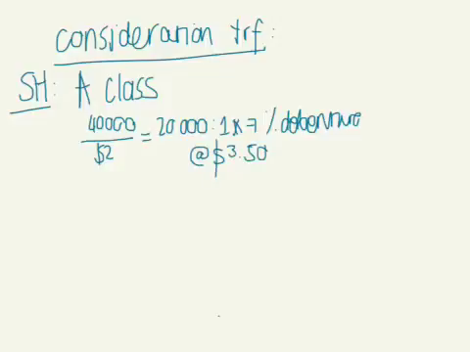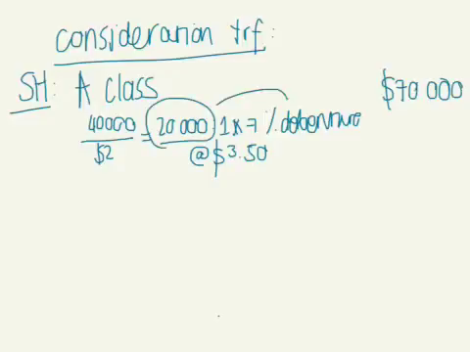So for the A-class shareholders, they receive compensation to the value of $70,000. 20,000 debentures at $3.50 each.